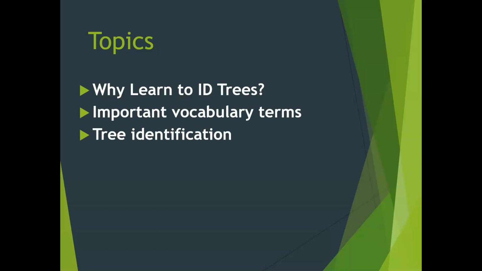We're going to go through some facts and vocabulary, but we're also going to use a dichotomous tree key. I think most of you have, for your guidebook, a book called Peterson's Field Guide to Eastern Trees. So I have that one. Eric actually has a similar book, the Peterson's Guide to Eastern Trees and Shrubs.